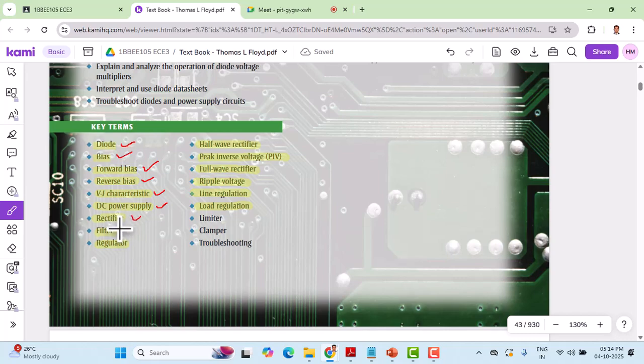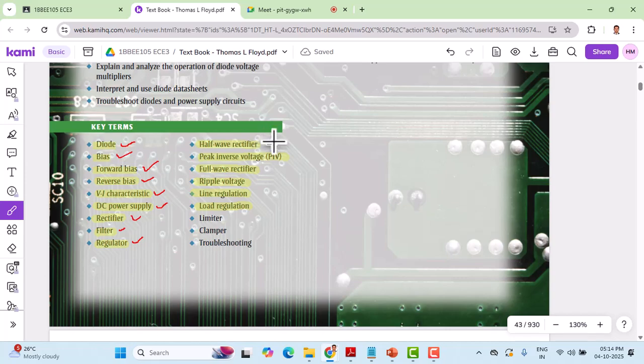Then comes a filter, because the rectifier cannot convert the fully AC voltage to DC voltage. Even after filtering the rectified output, a partial amount of AC exists. Therefore, we need to have a regulator, which smoothens the filter output. That's how the regulator performs.